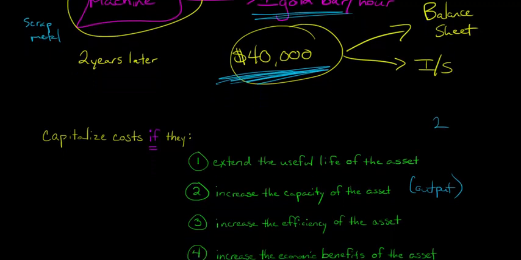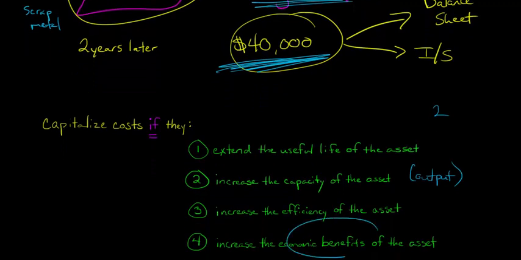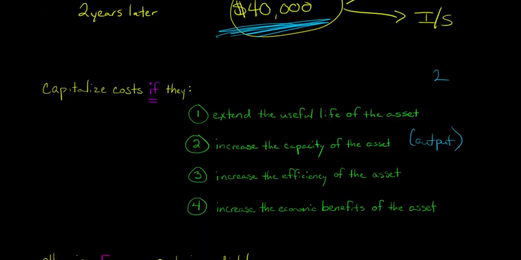Then this $40,000 has somehow increased the economic benefit of the machine. You believe it's added some kind of benefit, and so therefore that $40,000 could be capitalized to the value of the machine. So that criterion is a little more vague.